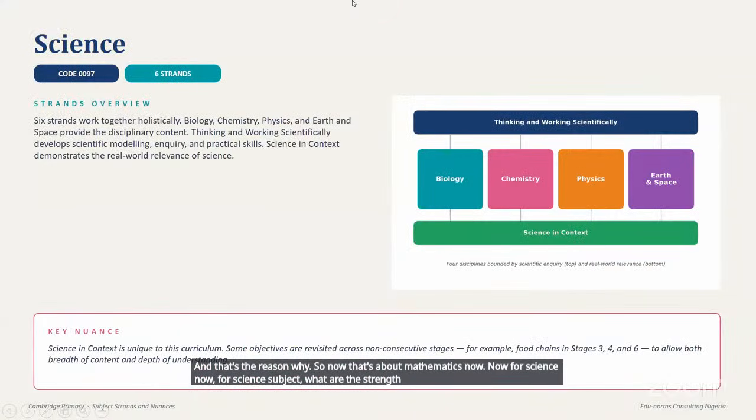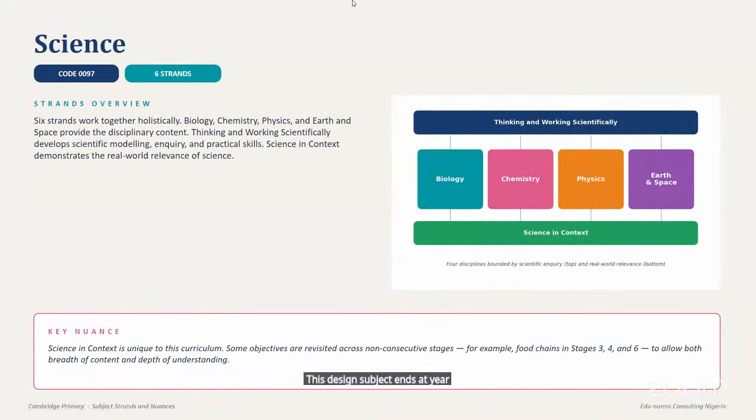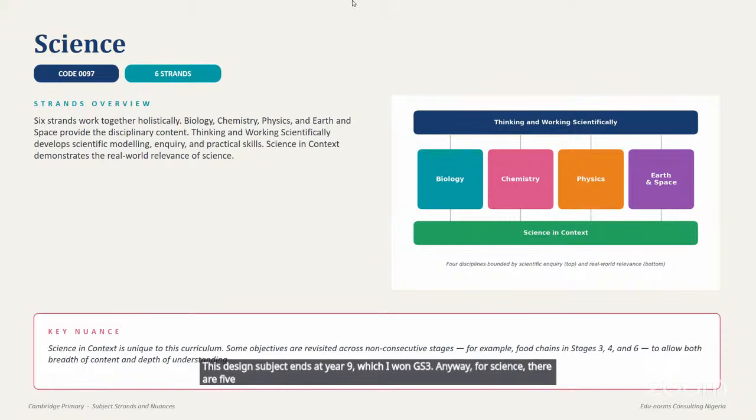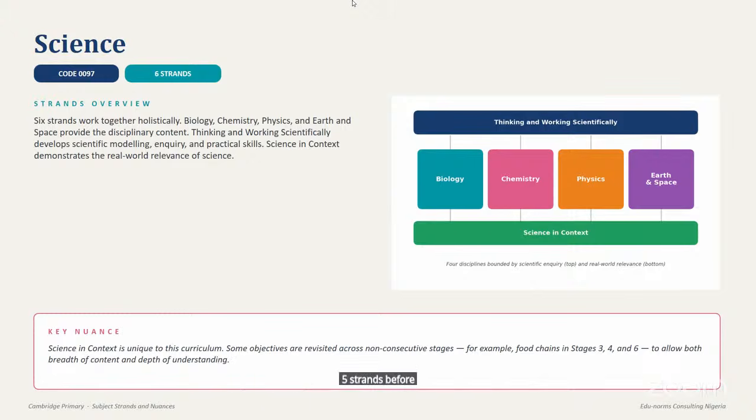The science subject ends at year 9, which is our own GS3. Let me not confuse too much anyway. For science, there are 5 strands. Before there were only 4 strands. No, 1, 2, 3, 4, 5, no, 6 strands. Sorry, 6 strands under science. Forgive me, please.